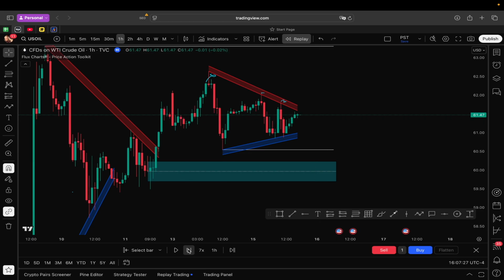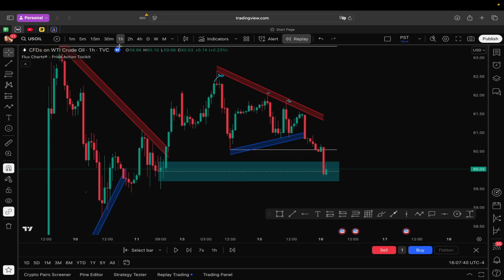So let's see what price does. At the trend line, moving slowly down. Now we took the liquidity inside of our 1 hour order block.